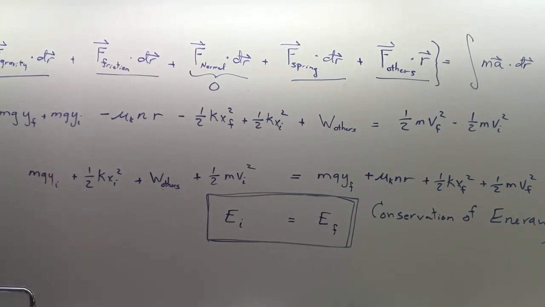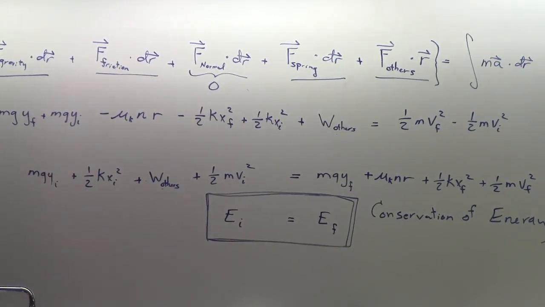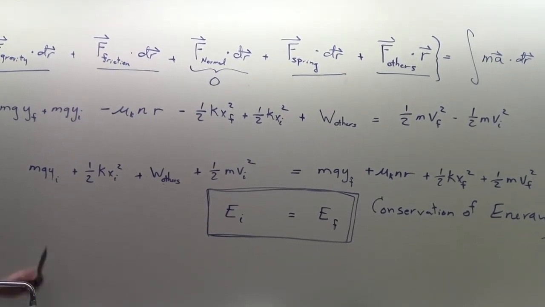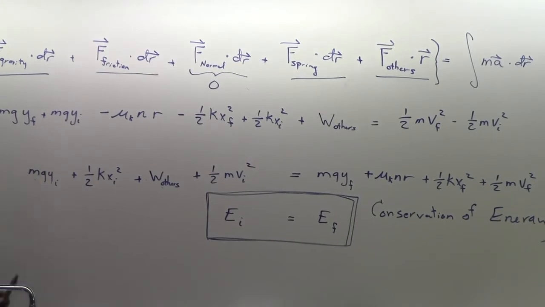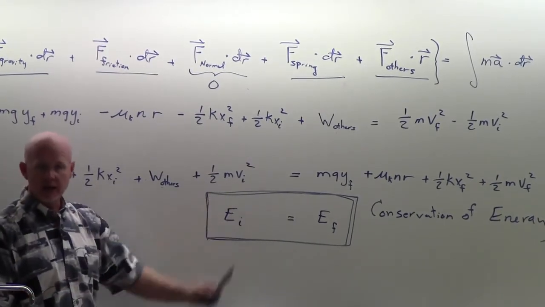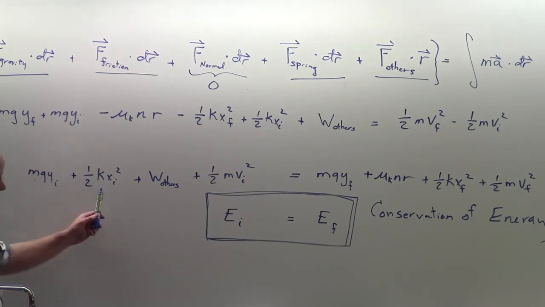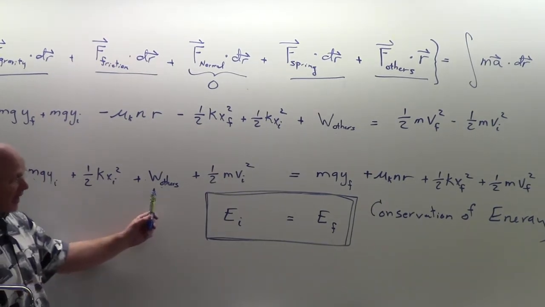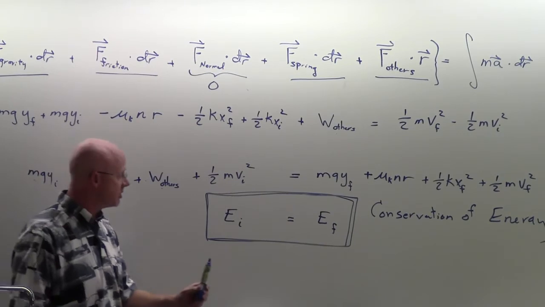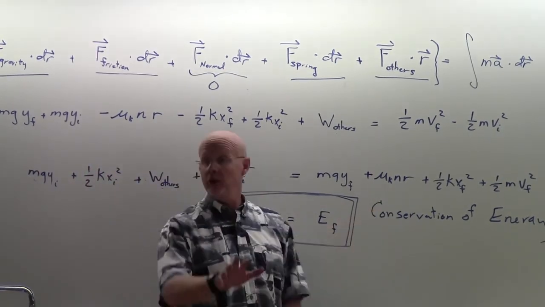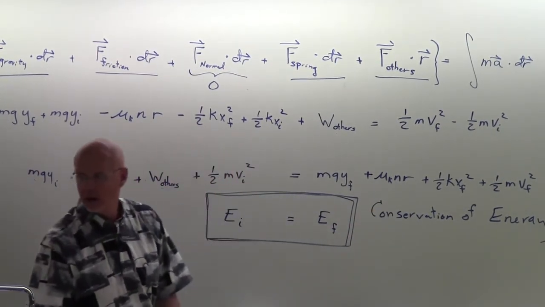Most of you, probably coming from Physics 102, did the simplest cases of all. You probably looked with gravitational potential energy and kinetic energy. You probably didn't deal much with a spring, if at all. You probably didn't deal with other forces. You probably also didn't even deal with friction. Maybe you did there a little bit.